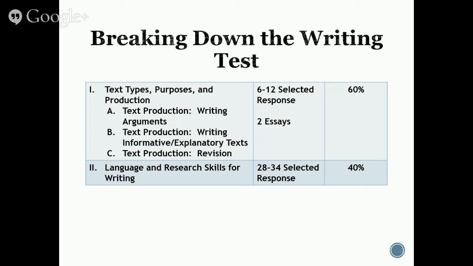And these are the ones that are based on revision, where you're having to revise a sentence or a passage in context to make it sound better. And so you'll know if those are the ones with the longer passage, and I'll talk about those more in a minute. And then your second part, which is 40% of the test, which is the rest of the multiple choice questions, is your language and research skills for writing.